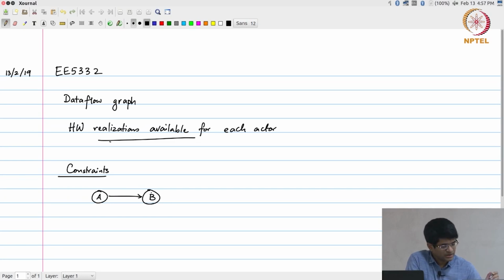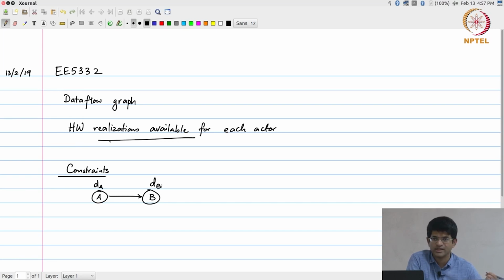So A and B are two arbitrary actors. I am going to make an assumption that D subscript A and D subscript B are the execution delays of these units. This is where the hardware assumption comes in.